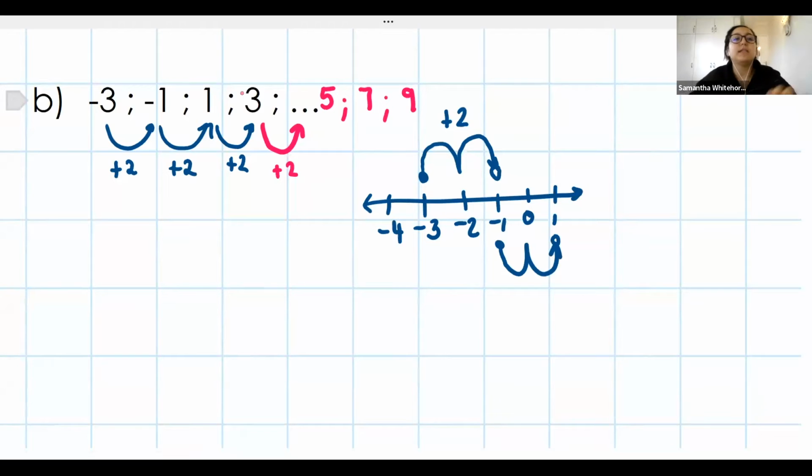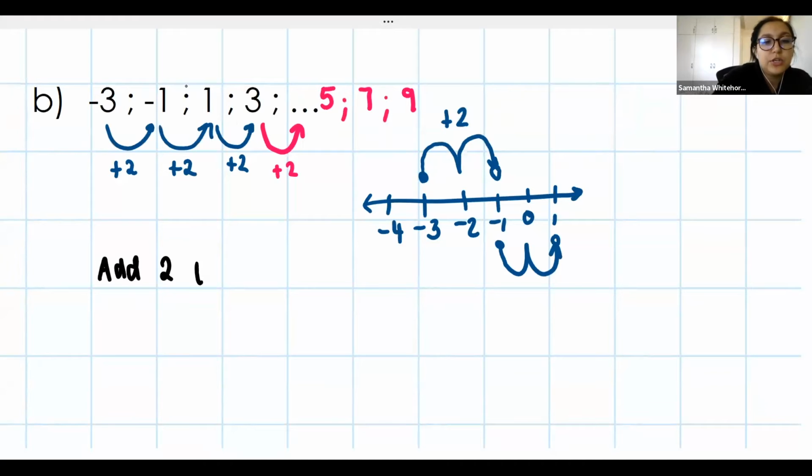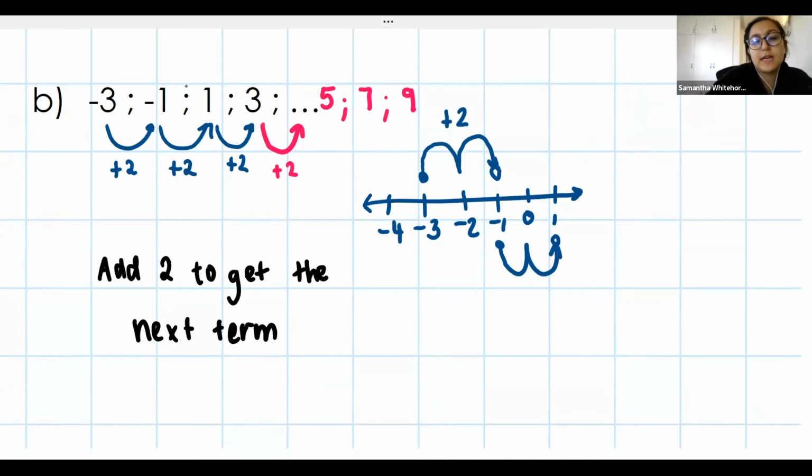It also means that I'm able to describe my number pattern, very similar to the last one. I add 2 to get the next term. And so just by looking at our sequence of numbers, we've been able to identify our pattern and use that to figure out the next few terms.